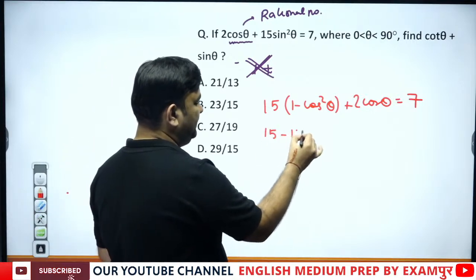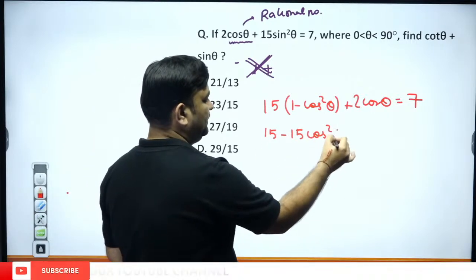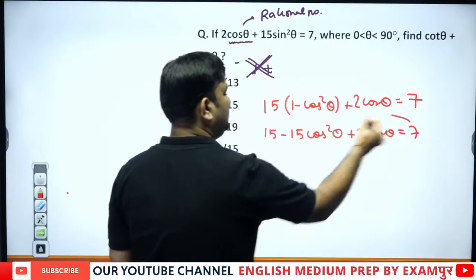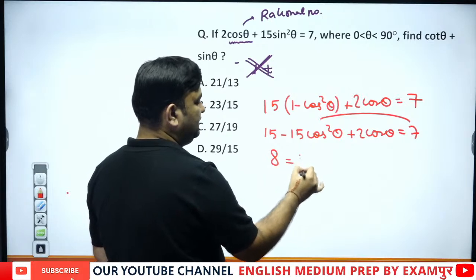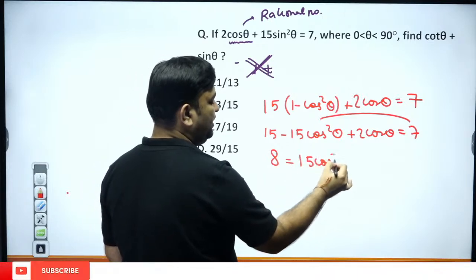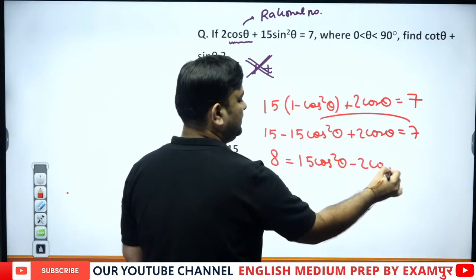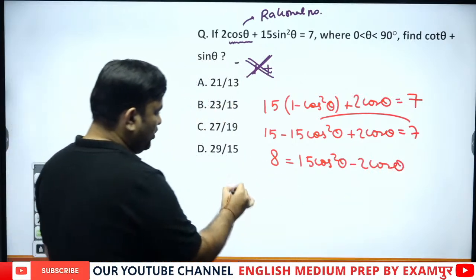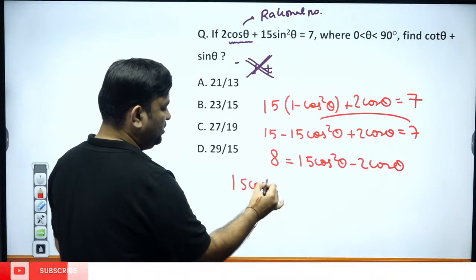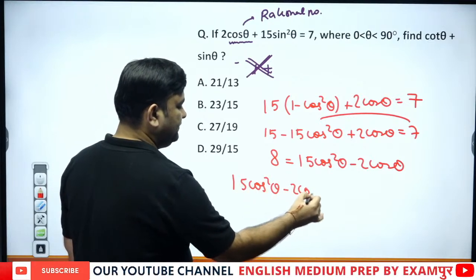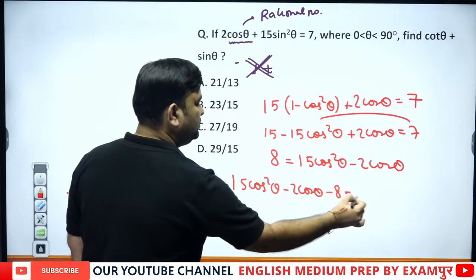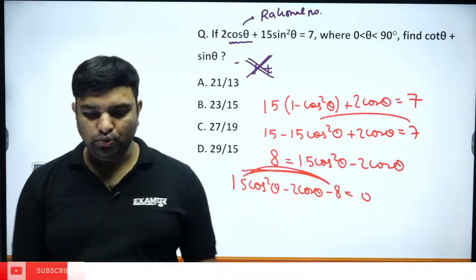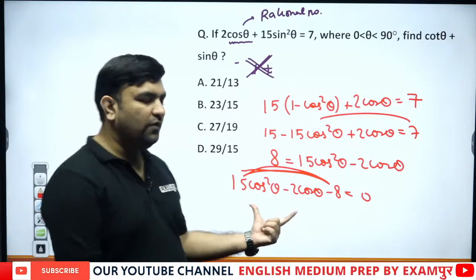15 minus 15 cos square theta plus 2 cos theta is equal to 7. Take it this side: 8 is equal to 15 cos square theta minus 2 cos theta. So make it a perfect quadratic: 15 cos square theta minus 2 cos theta minus 8 is equal to 0. What is the product? 120.